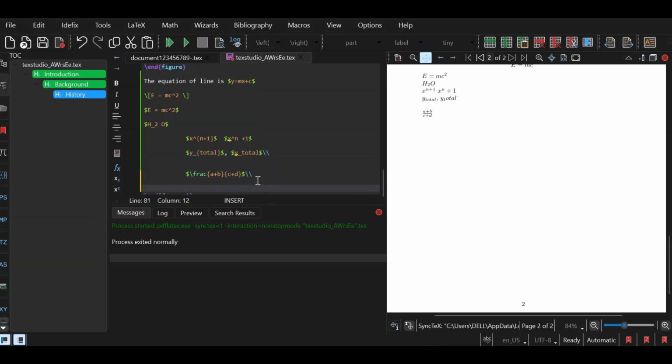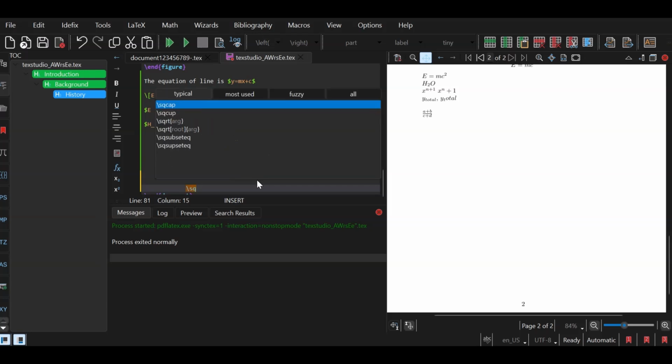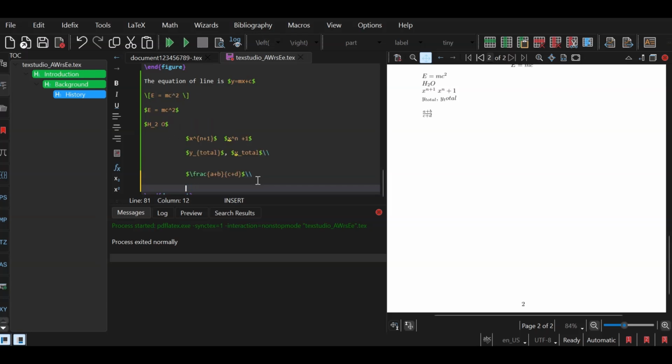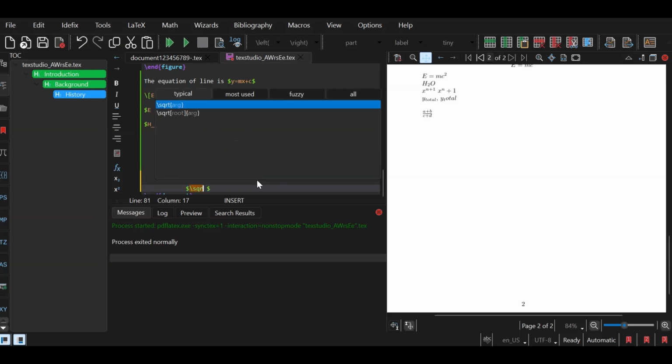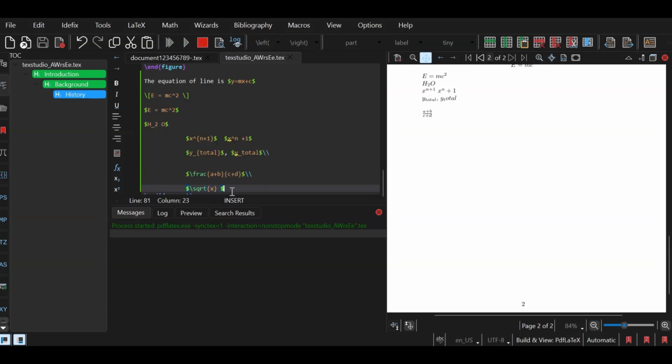And after that, for square root, don't forget to mention your dollar sign. For square root, write sqrt, and then write x, and then just compile.